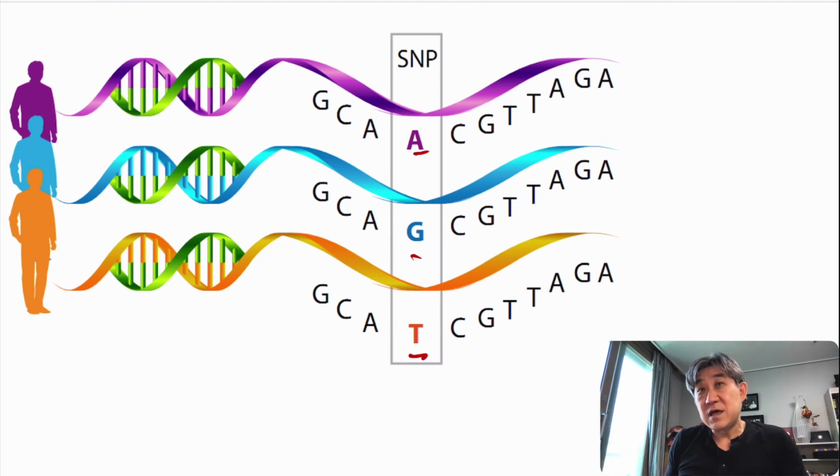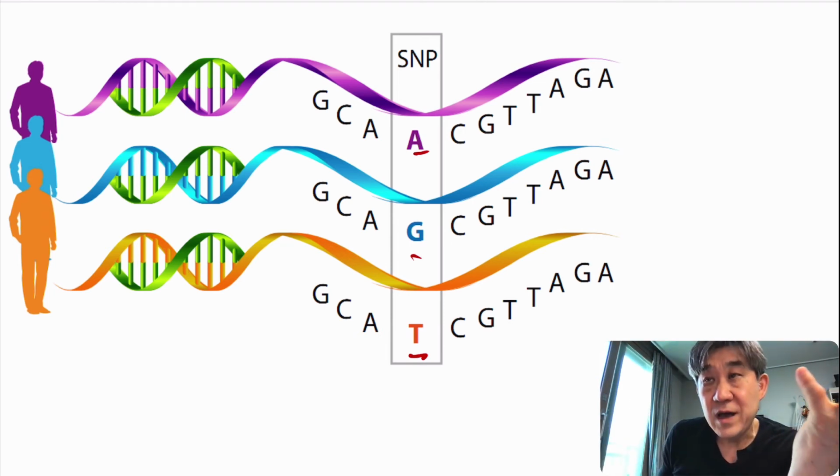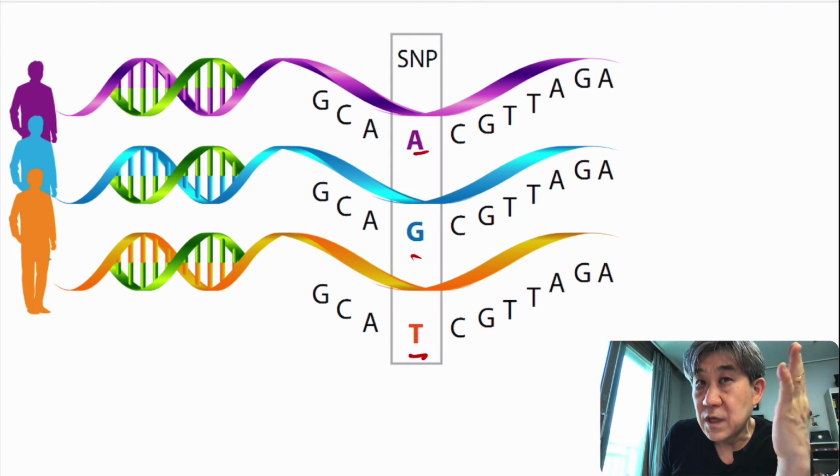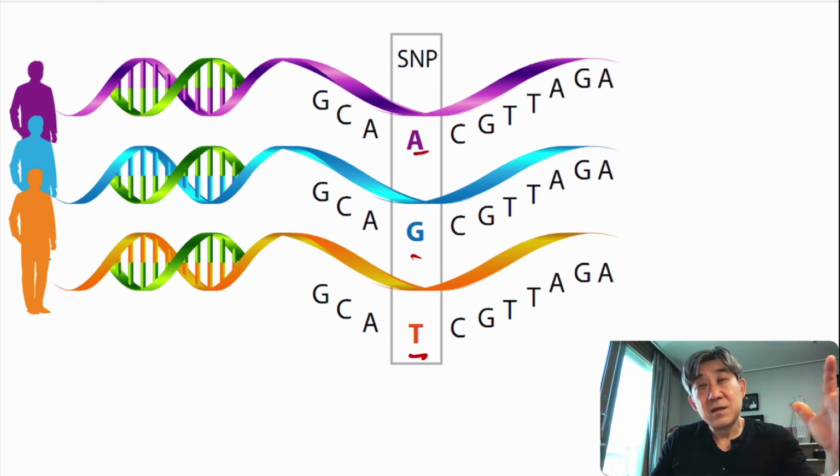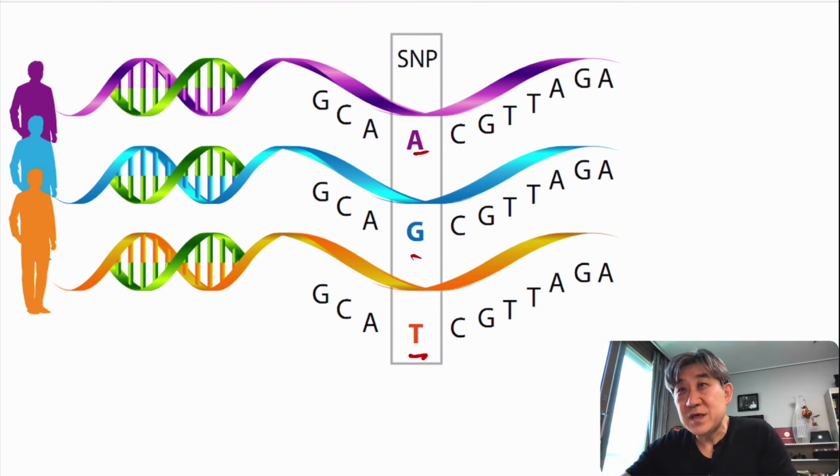Some scientists are trying to identify all possible SNPs in any given gene area or any location of the chromosome of their interest, and then try to figure out if any of the SNPs have any correlation with the respective gene functions. This is one of the very popular topics these days in so-called genomics study.